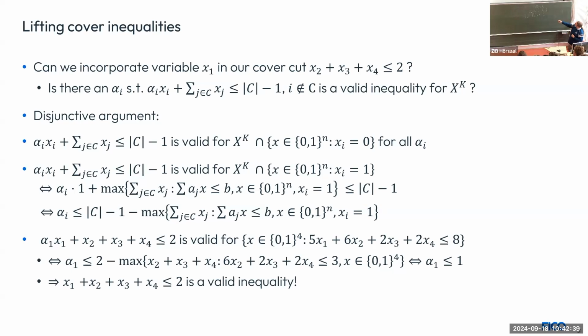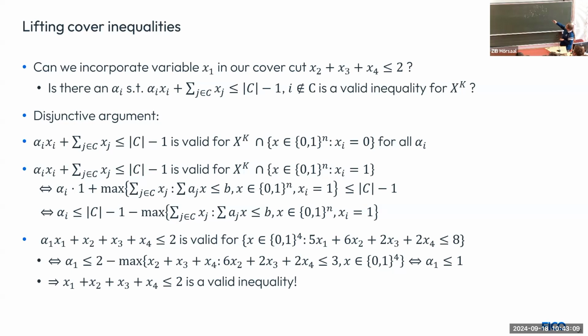So we enter the 1 into the equation, and we need to make this work for every solution of the knapsack problem which has x1 equal 1, so the maximum that this term can take. Then alpha is just this right-hand side minus this entity here.